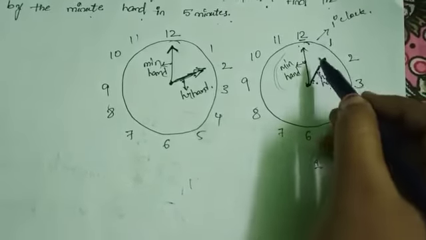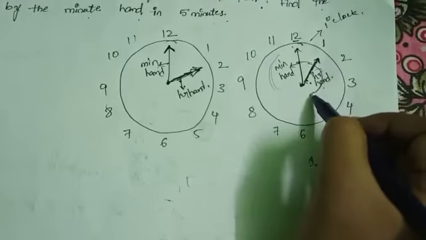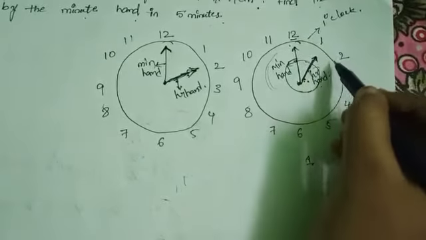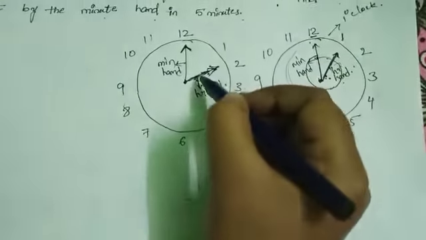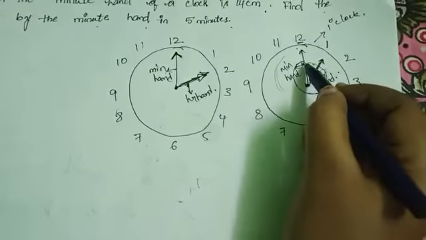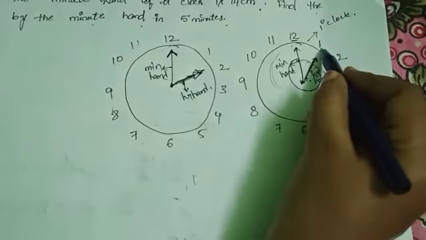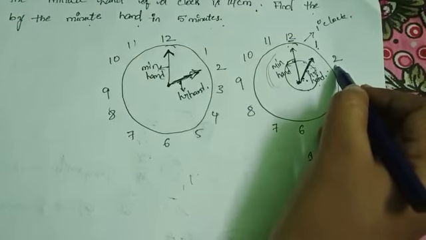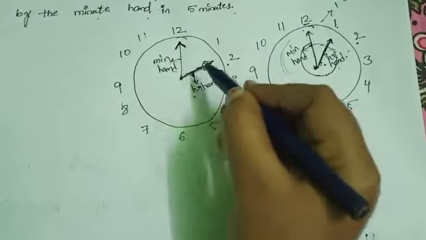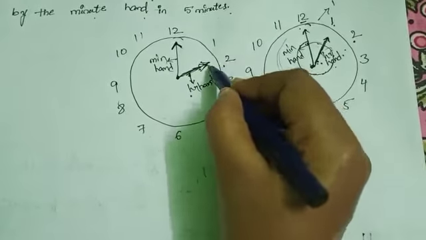Next, suppose the minute hand rotates a complete circle, then it is 2 o'clock. 2 o'clock means minute hand at 12 and hour hand at 2.